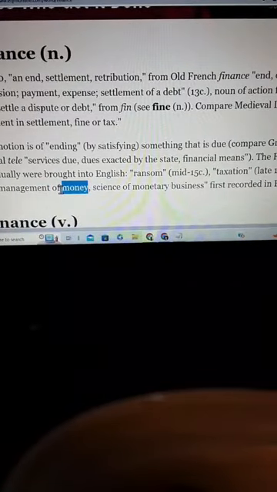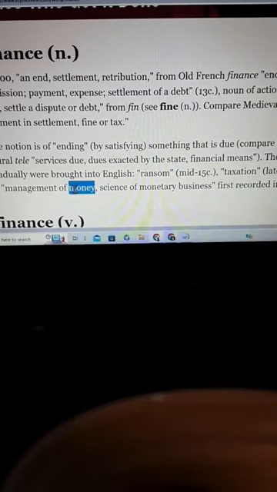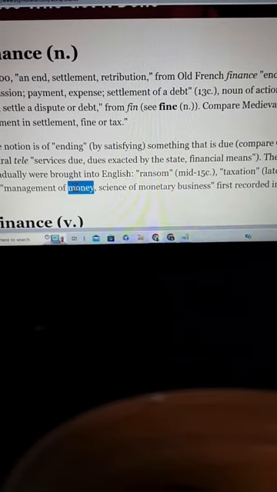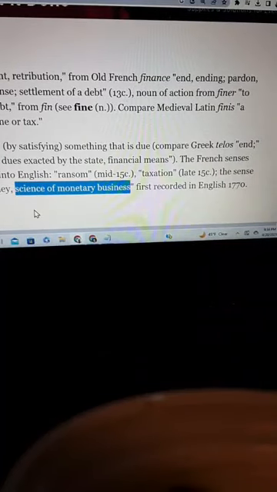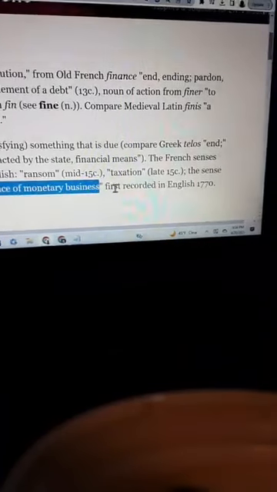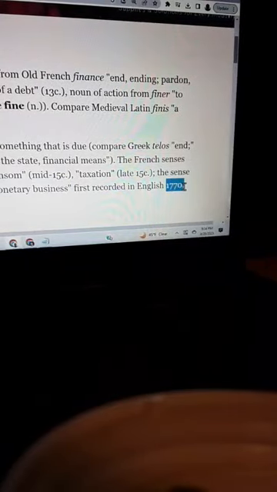Did they furnish you money? Furn, ancient Arabic for food. Furnish money. Science of monetary business. It's a science. It's a practice. First recorded in English in 1770.